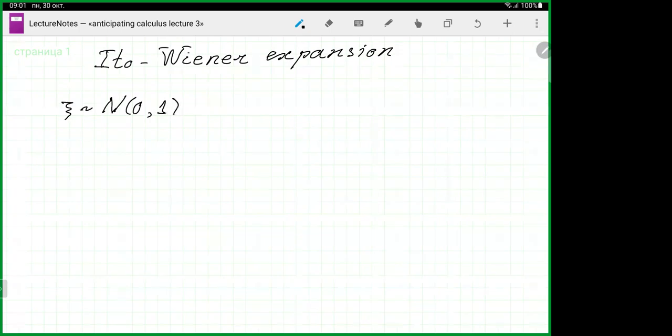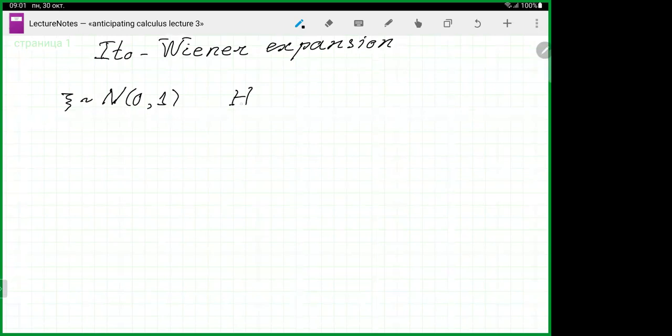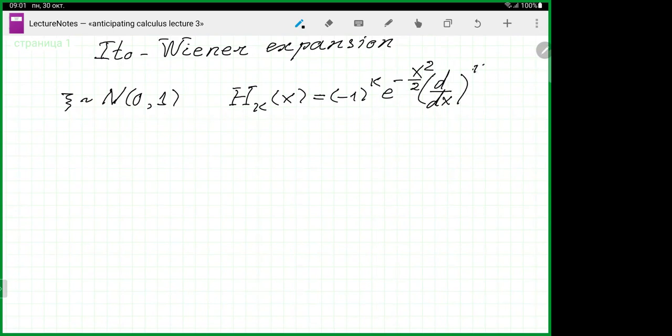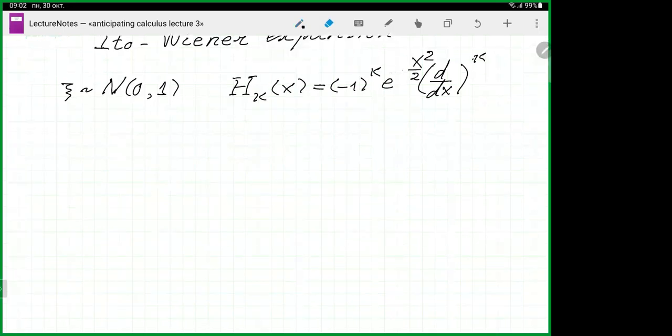We introduced the sequence of Hermite polynomials via such a definition: Hk of x is equal to (-1) to the power k, e to the minus x squared over 2, times d over dx to the power k, of e to the minus x squared over 2.